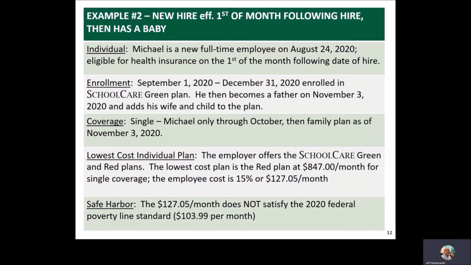Regarding the safe harbor, this employee cost share does not satisfy the federal poverty line standard for 2020 of $103.99 per month. As we move to completion of the 1095-C forms, I won't be reviewing the information in Part 1 as it's straightforward with the subscriber or employee information and employer information. Instead, we'll move right on to Part 2.